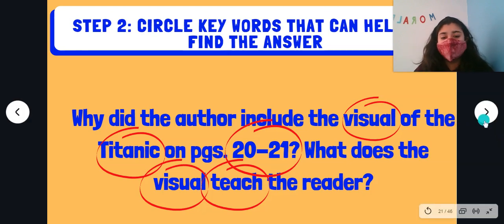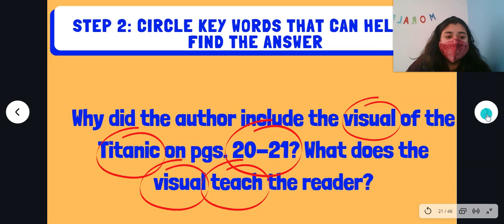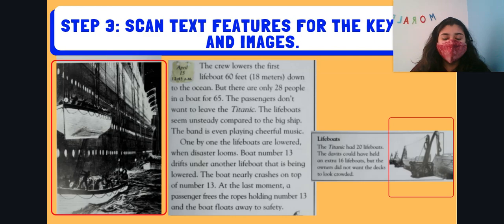So sometimes we're going to see questions that require us to think a little bit more about what we read, but that is okay. We can use our thinking steps to find clues and then think about what we are learning from them. So now that we know what our keywords are and that this question is going to require us to think a little bit, let's try to find our keywords in the passage.